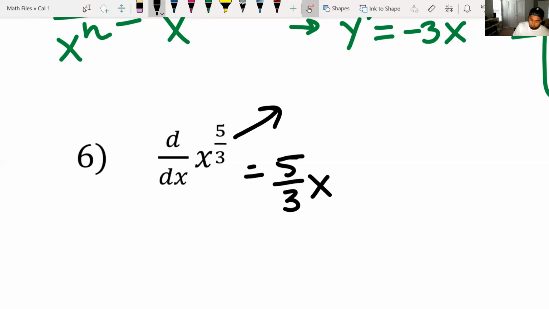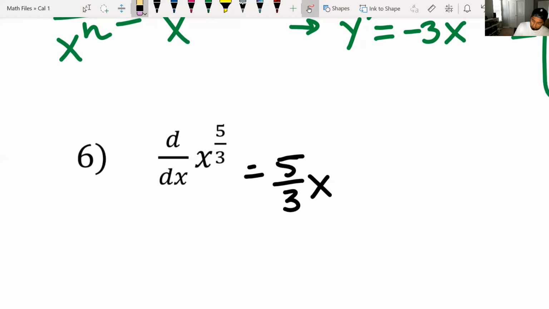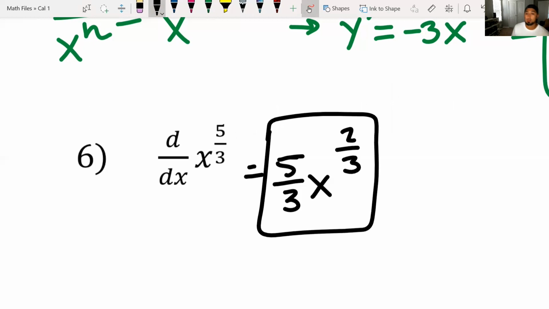You will subtract 1, which means you change 1 into a fraction, get a common denominator of 3, and that'll give you 5/3 minus 3/3, which gives us 2/3. So our derivative ends up being 5/3 x to the 2/3. That's it.